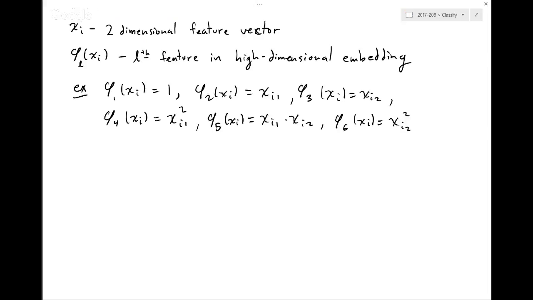Insurance industries have specific features based on age and credit history and the number of claims on your insurance policy, and so on. Every industry tends to have its own ways of engineering features. So this is quite general, and it's very natural to construct new features and then just apply your favorite method to those constructed features.